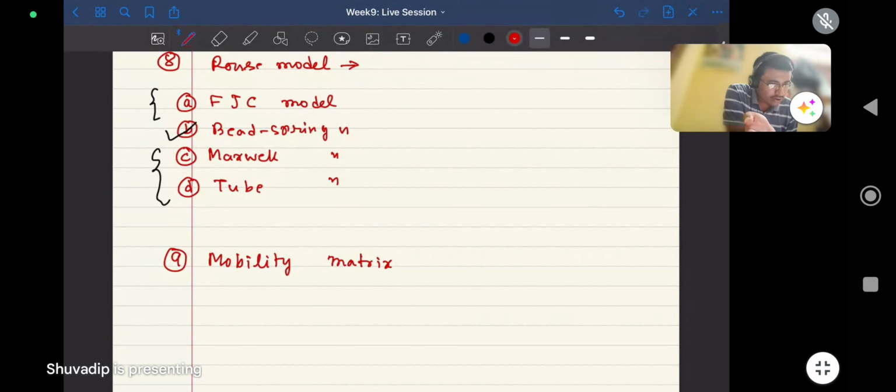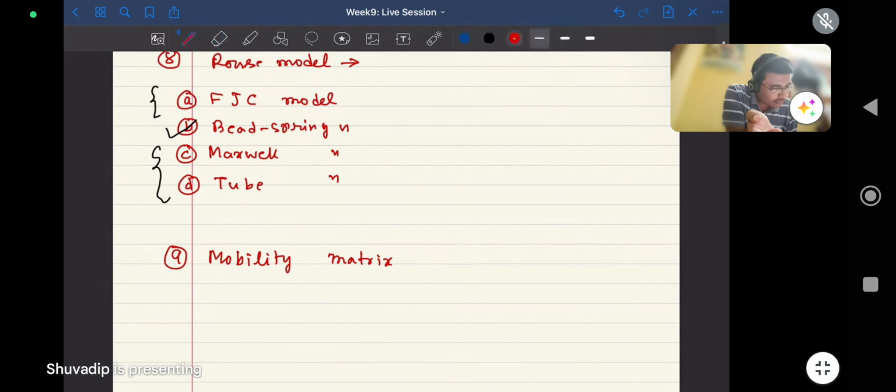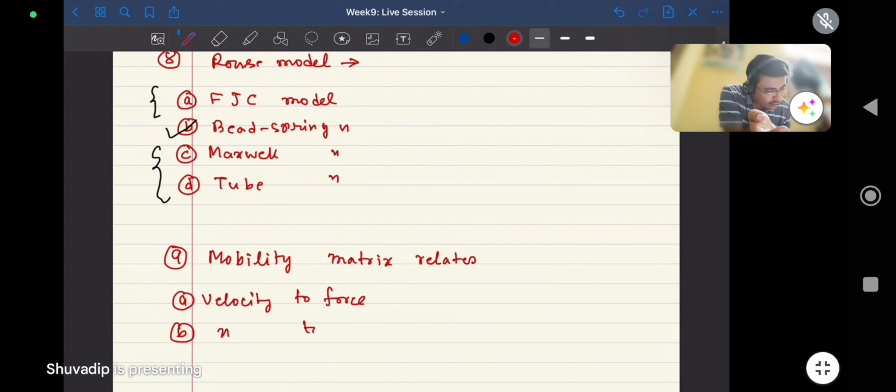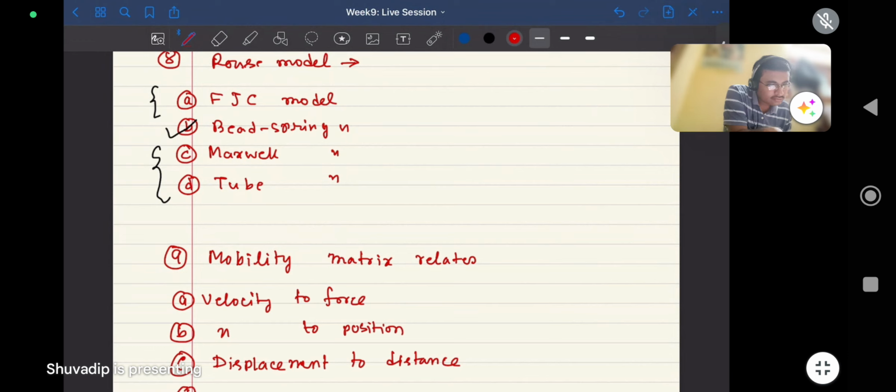Here we have only some introductory part about it. So what does it do? Option A, the mobility matrix relates velocity to force; option B, velocity to position; option C, displacement to distance; option D, solvent velocity to solute velocity.